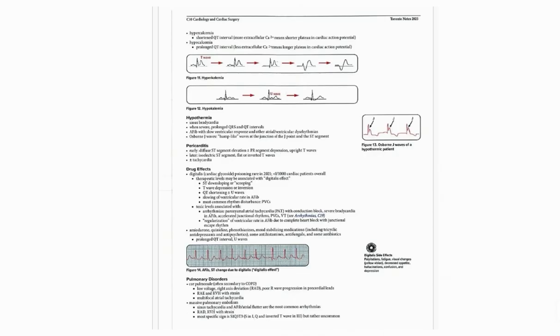Later, the ST segment returns to baseline, followed by flattening and eventual inversion of the T waves. Patients may also have mild sinus tachycardia due to pain or inflammation. A helpful memory tip: diffuse ST elevation with PR depression strongly suggests acute pericarditis.